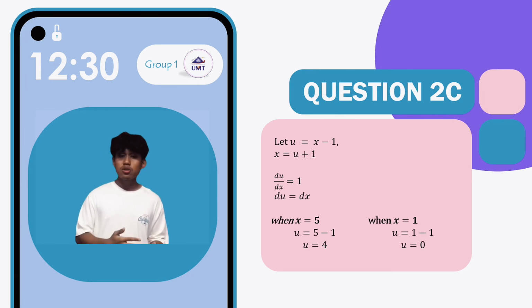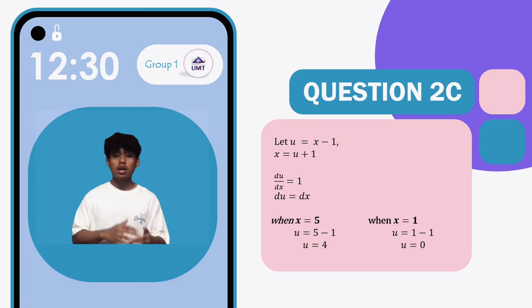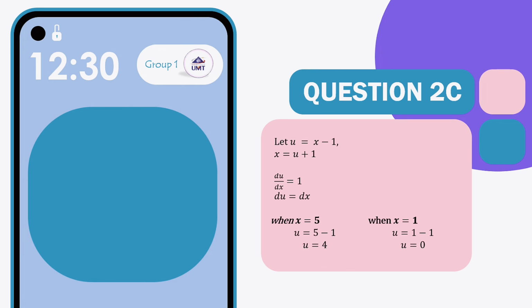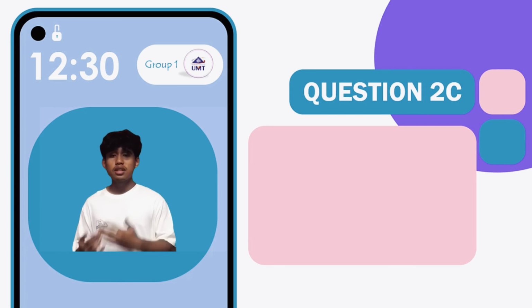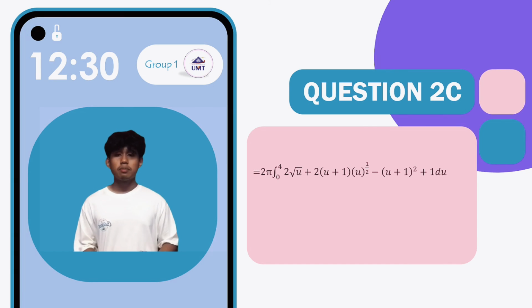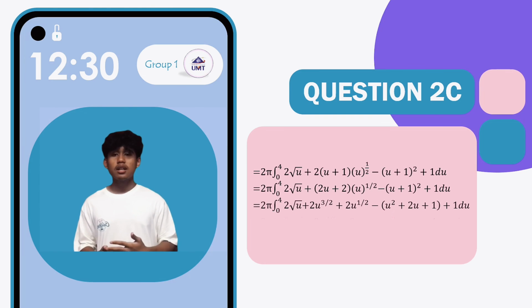Then we get u equals 4 and u equals 0. These u values become the new limits of integration. We also have to substitute the expression into the integral, which gives us this.